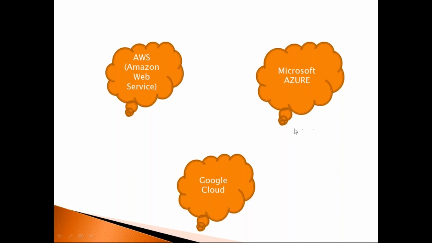Every MNC company has all three: AWS, Azure, and Google. AWS is in first place, with more demand. Second place, Microsoft Azure. Third place, GCP.